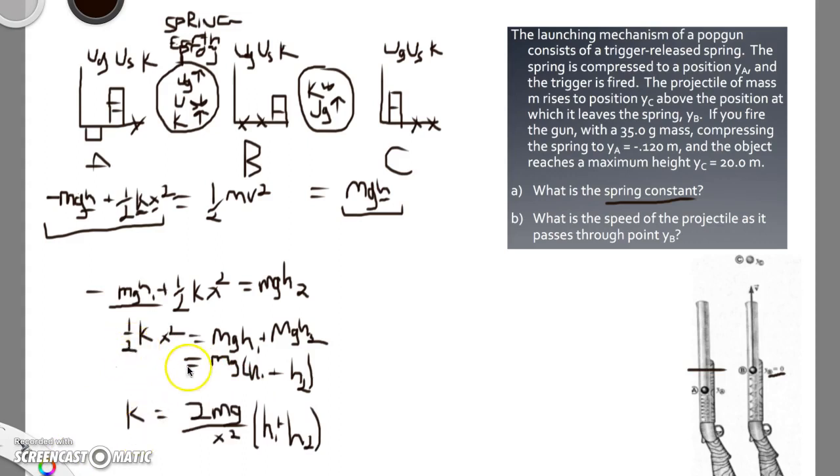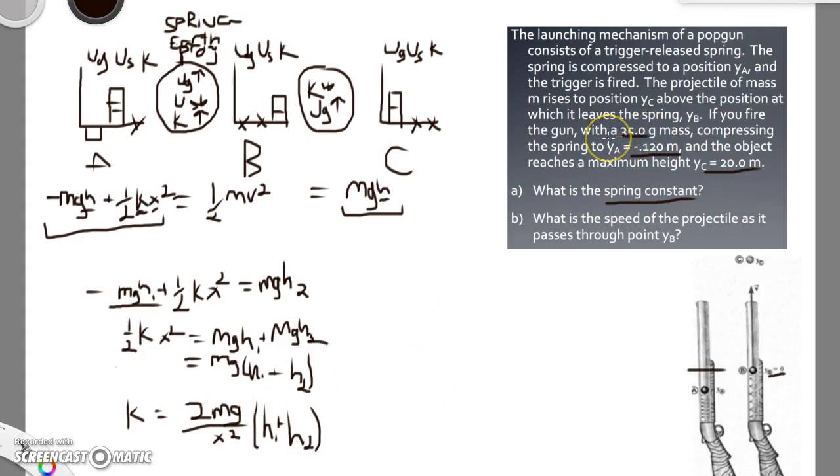So now to solve for k, we've multiplied by 2 and divided by x squared. Now we can substitute in our values. H1 would be equal to the negative 0.12 meters. H2 would be equal to the 20 meters above that it flies, and then m would be the 35 grams.